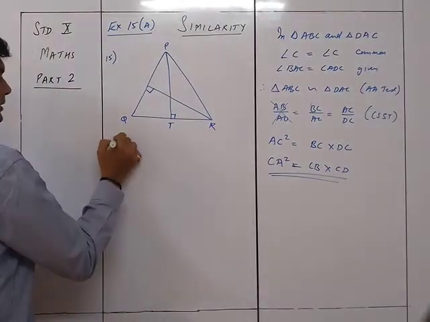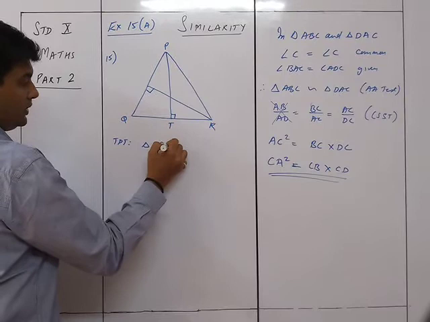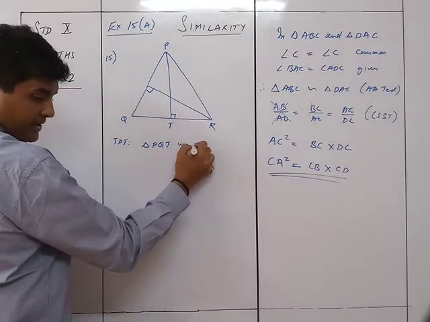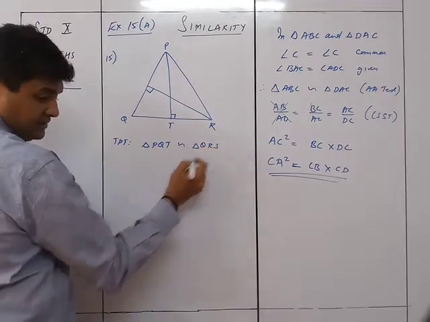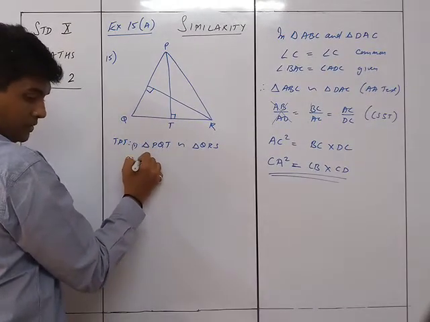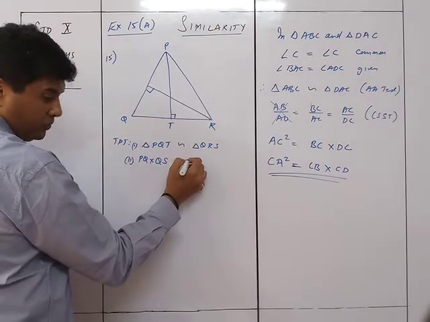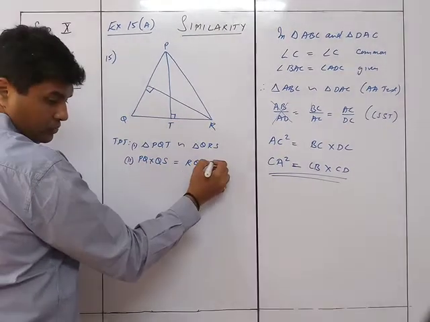You need to prove that triangle PQT is similar to triangle QRS, and the second thing is PQ into QS is equal to RQ into QT.